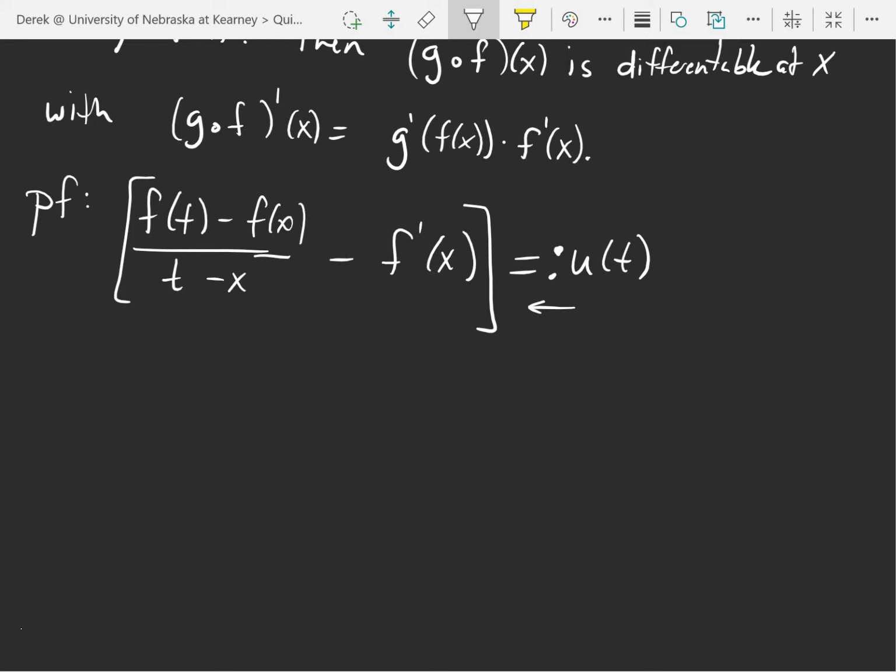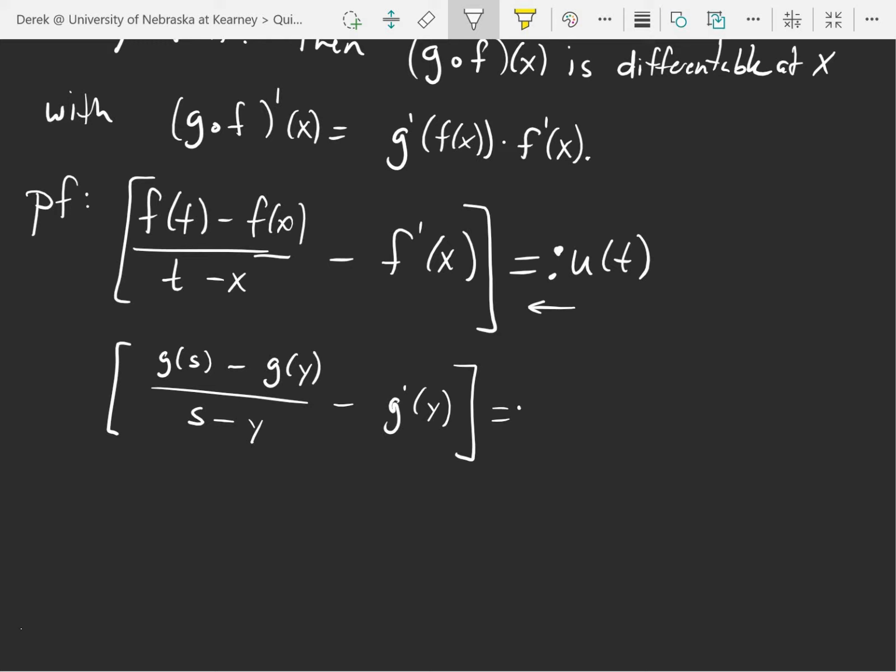We're going to define a v of s in a similar manner, and that similar manner is g of s minus g of y. Remember, y is f of x, and s's have to be different than t's because they kind of live in a different domain. g takes values from a different domain, and this is s minus y and g prime at y.